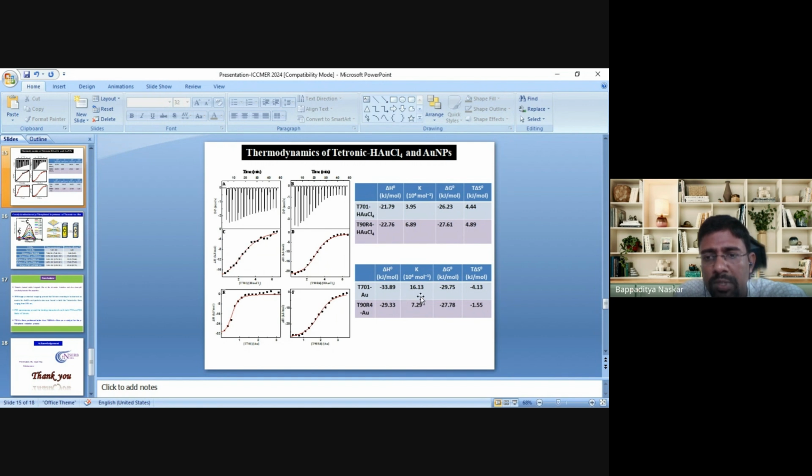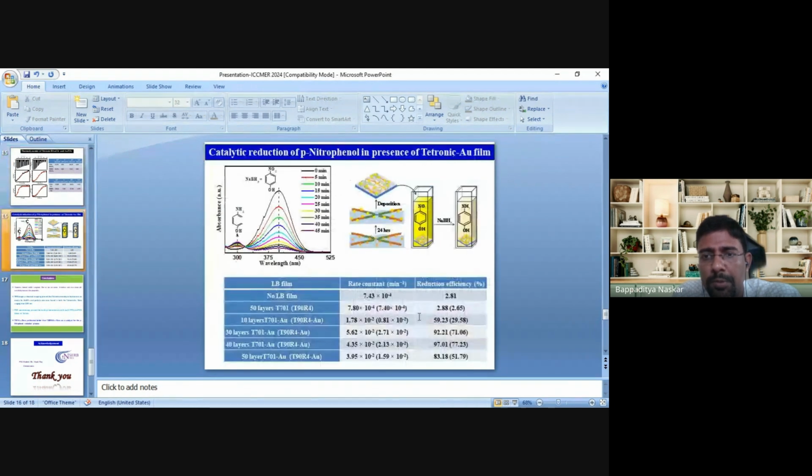But in the case of Au nanoparticle, T701 is higher than T90R4, because in the case of uric acid, the main interaction is electrostatic interaction. But in the case of Au nanoparticle, there is also the possibility of strong hydrophobic interaction, and T701 is more hydrophobic compared to T90R4. That's why the association constant is much higher compared to T90R4.